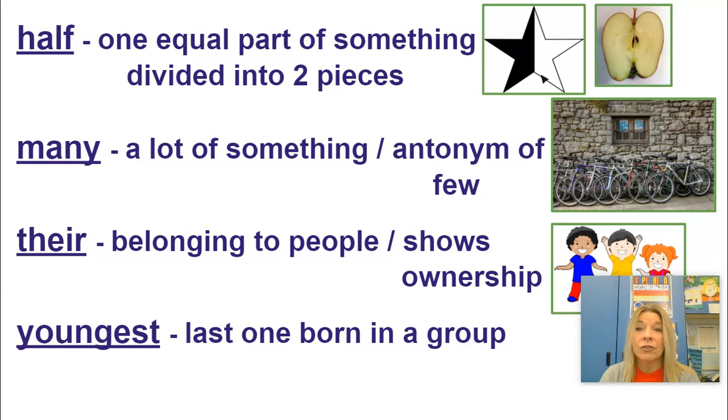For example, this star is divided into two equal pieces. One half is black and the other half is white, or this is half of an apple. The other piece, there's only two of them, is somewhere else. So that's what a half is.